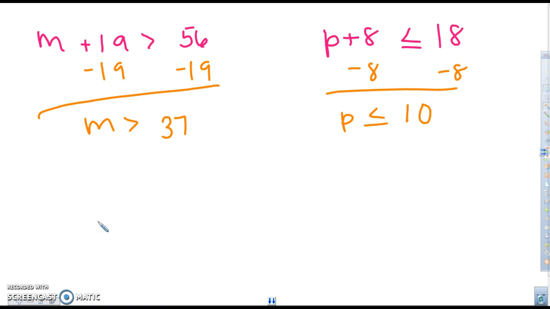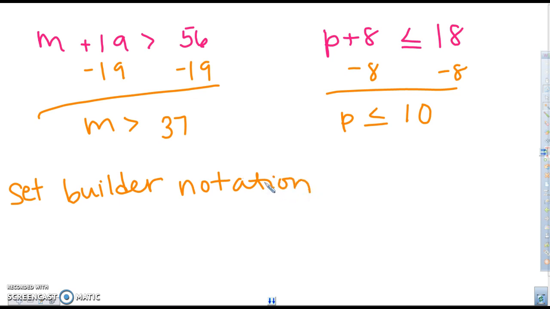Now, the way we write inequalities in algebra is different than we're used to writing them regularly. Last year, you were able to write them like this. In algebra, we use something called set builder notation. And it's called set builder notation because we're going to build the set of numbers that m can be.